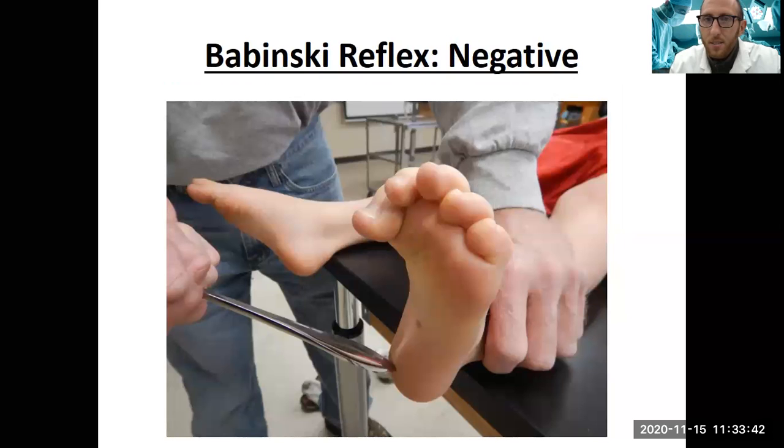Here it is right here. Now, this is a primitive reflex. So primitive means at a certain age, you no longer have it. But if you have damage to the spine or the brain, you could revert back to this reflex. So a patient might come in from a car accident and you test the Babinski reflex to see if parts of their brain have been damaged.